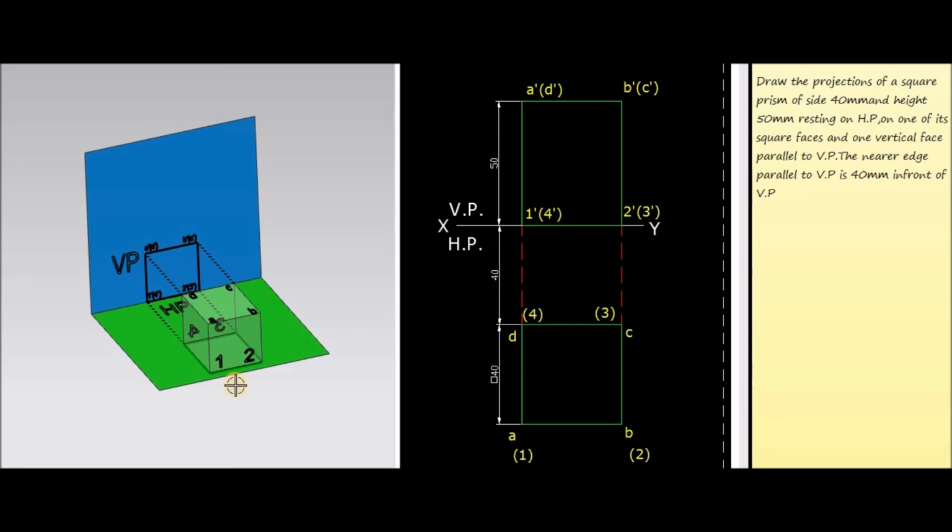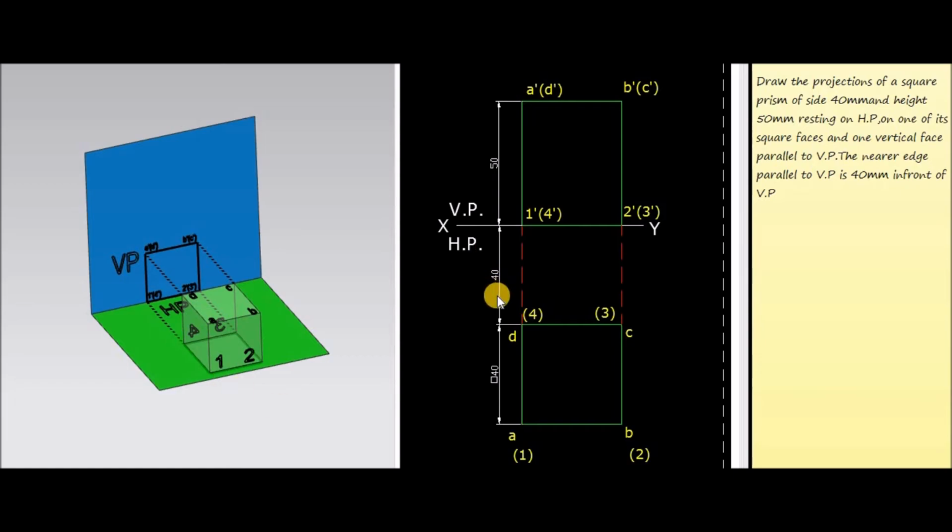Now, as I explained earlier, the square prism is situated with one of its square faces on the HP, and the parallel face is at a distance of 40 mm.